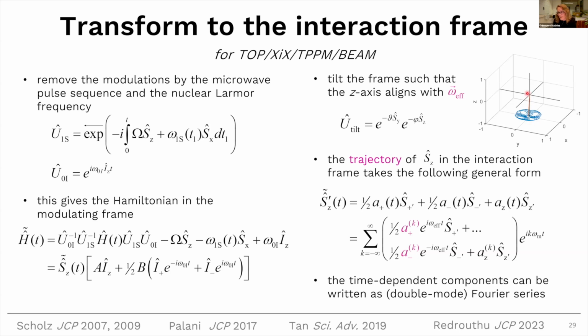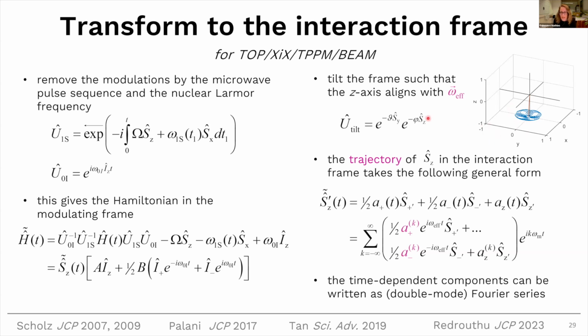And its direction is indicated by this red line here. So in this case of the TOP DNP sequence, we don't need to tilt the frame very far. However, there are also other conditions for the TOP DNP sequence, especially close to resonance, where this tilt angle is larger, and it's more important that you do perform this tilt in order to get your series expansion to converge quickly and to properly describe the sequence in this way.